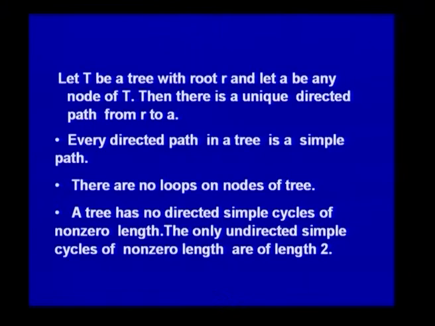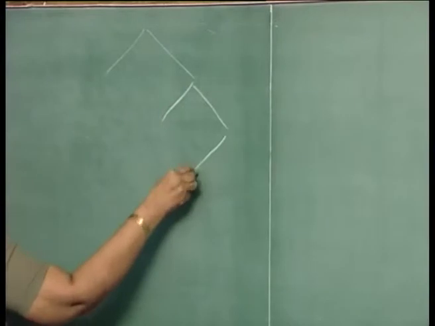Now, let us consider this. Let T be a tree with root R and A be any node of the tree. Then there is a unique directed path from R to A. You have a tree T, something like this.